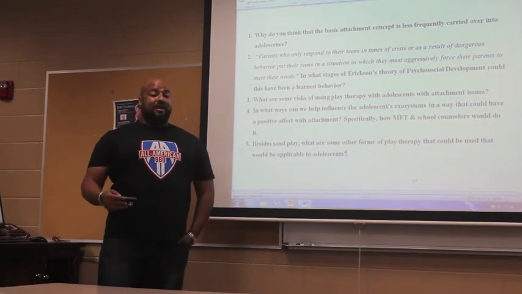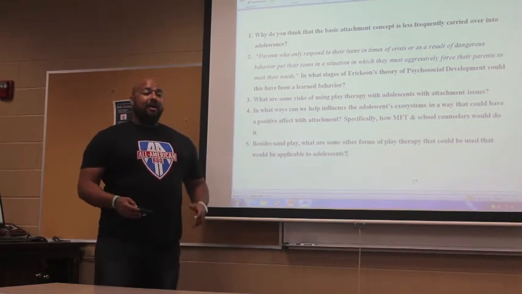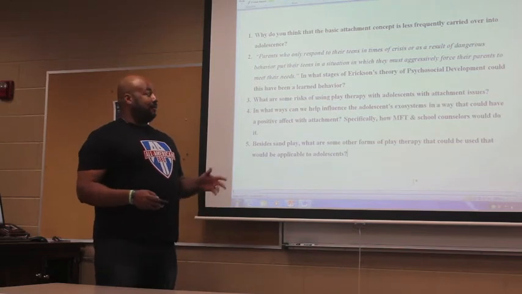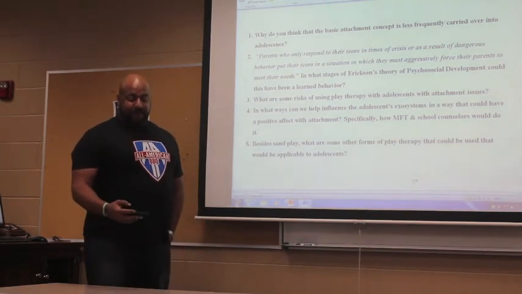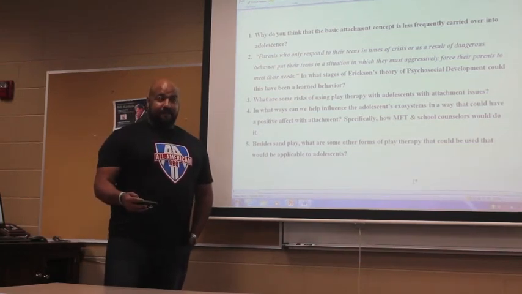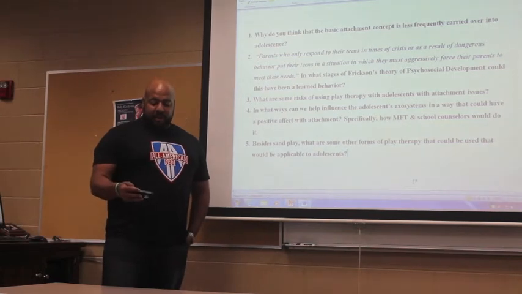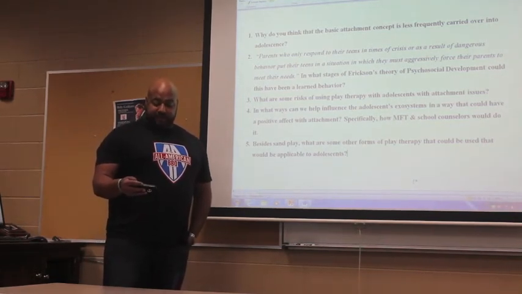All right, now this is the talking points aspect of our presentation. This was designed to be done in class with engagement back and forth, so just place your comments regarding the questions that we're asking. But after reviewing the study, attachment issues in adolescents can have huge consequences. Therapists use play therapy as a way to help address these issues.